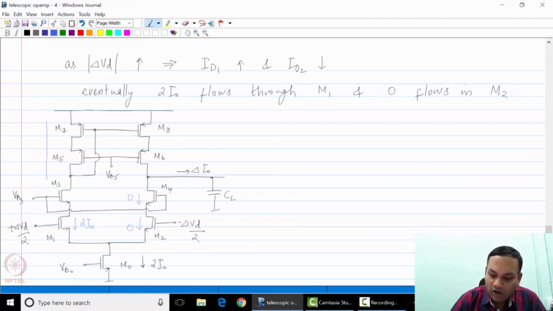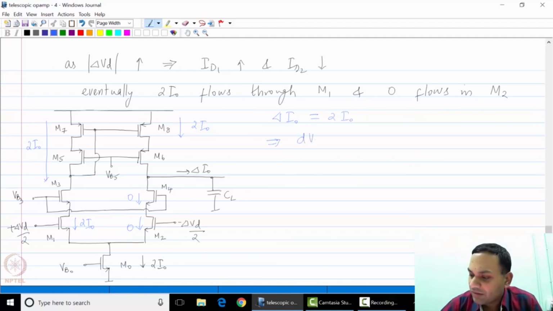This current 2 I0 flows through M3, M5 and M7, and this gets mirrored into M8 and M6. Again, if you apply KCL at the output node, it is clear that delta IO is equal to 2 I0. This means that dVO by dt is 2 I0 over CL.